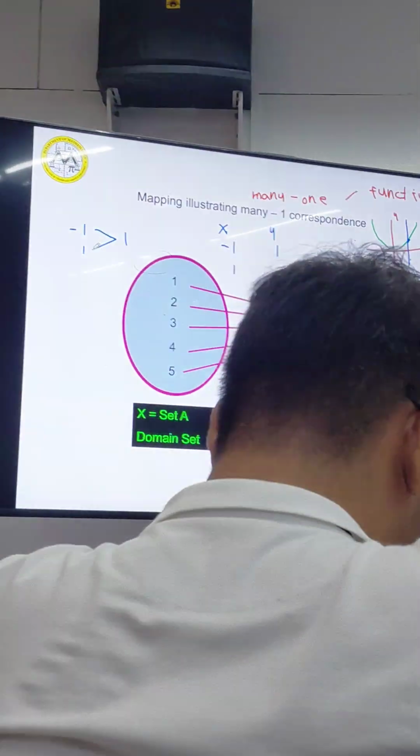Yung function niya. So, kunin natin yung examples. Let's say you have x and y. So, kung negative 1 yan, substituting, we get 1 for y. 1, we get 1. Negative 2, you get 4. Positive 2, you get 4. So, yung negative 1 saka 1 is mapped to a single element 1 from the range.